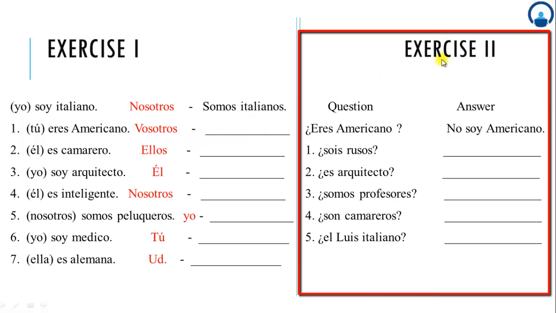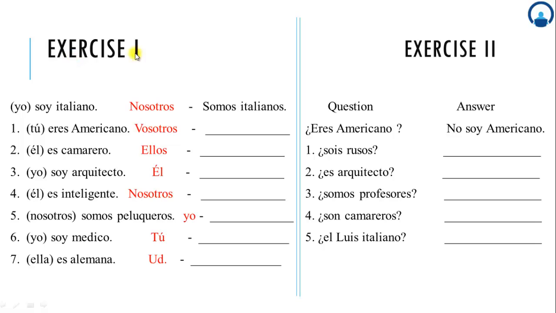Exercise 2 is kind of similar to exercise 1, but in exercise 2 there are question answers. And there is a twist in this. In exercise 1, the answers will be purely positive statements. In exercise 2, you have to write all the answers in negative.